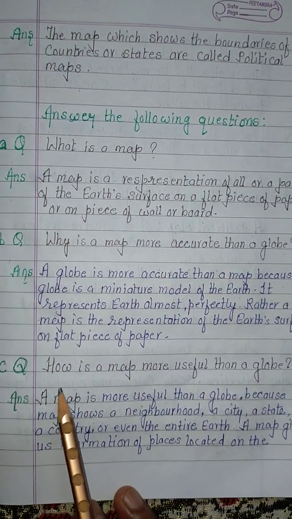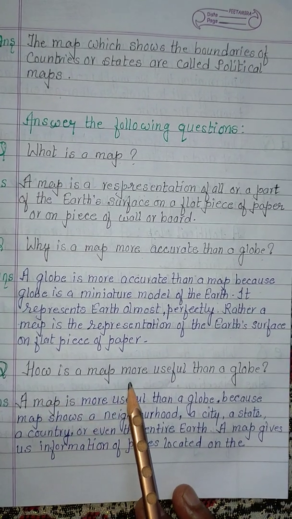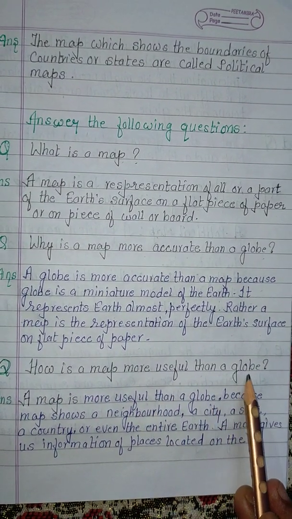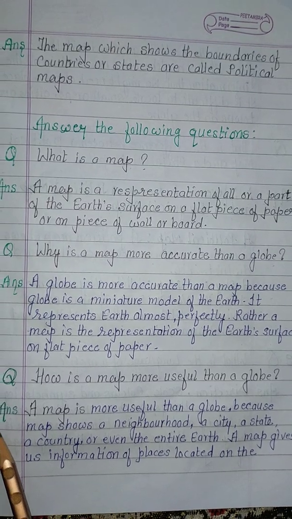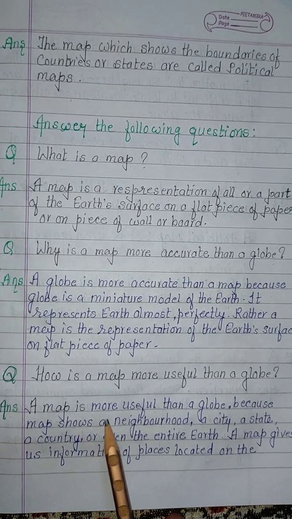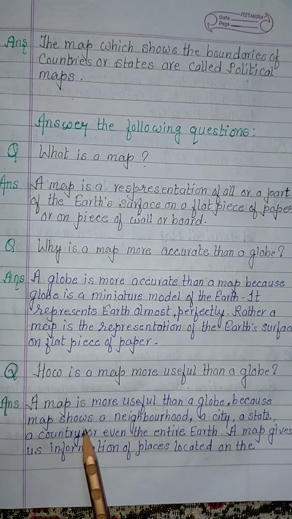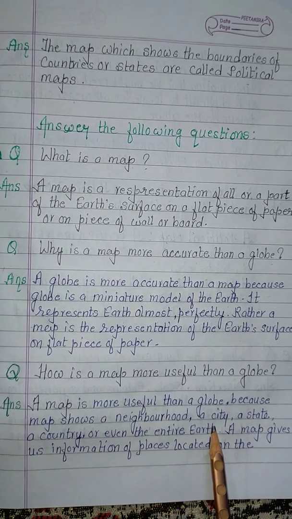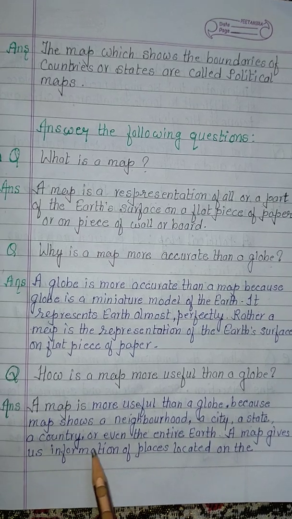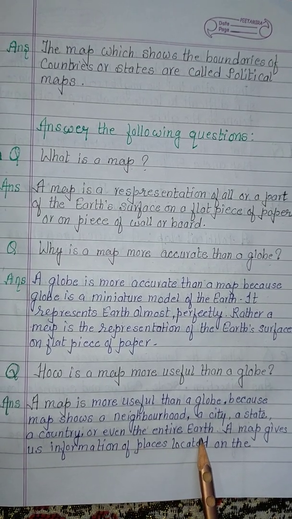Question C. How is a map more useful than a globe? Answer. A map is more useful than a globe because a map shows a neighborhood, a city, a state, a country, or even the entire earth.